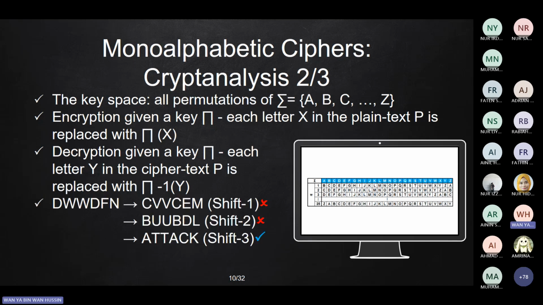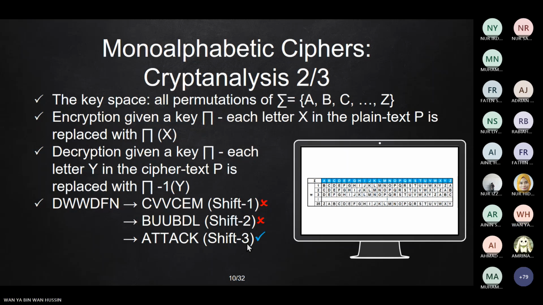Having only 3 tries or at most 25 tries, we can know what that message or plain text is.